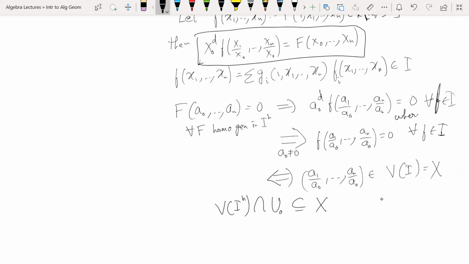Actually d could be anything bigger than the degree of f as well, so it doesn't matter. But let's say degree of f.